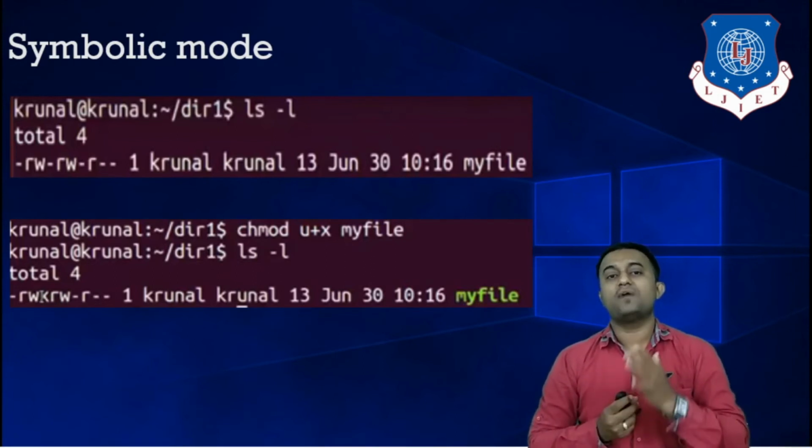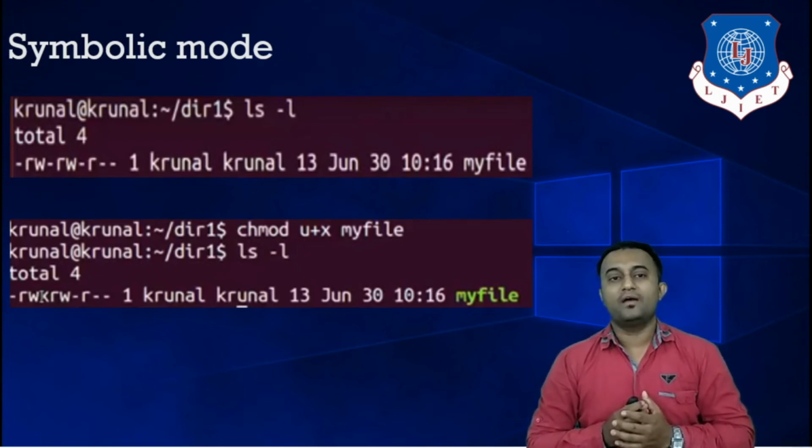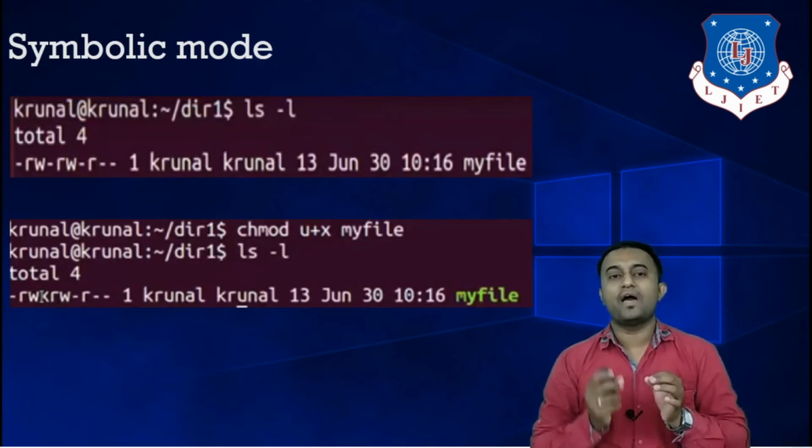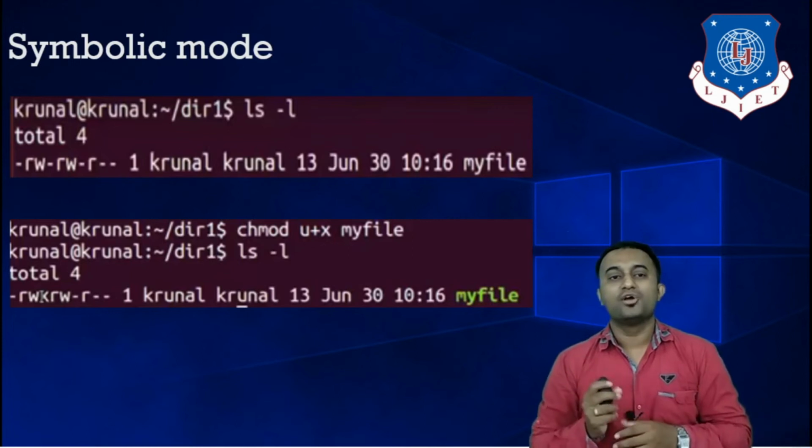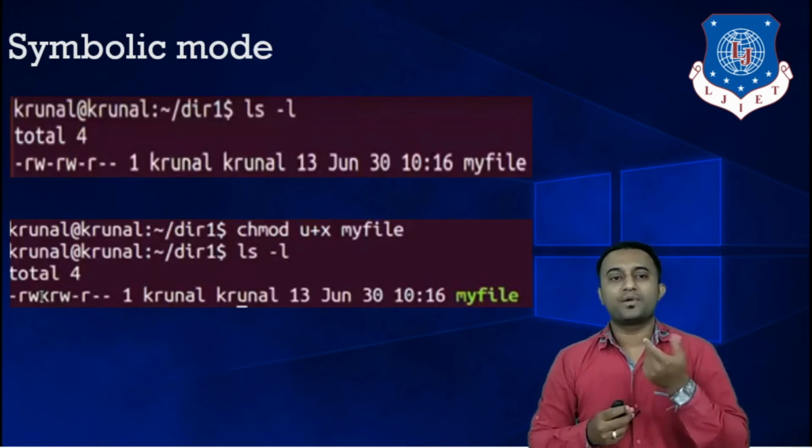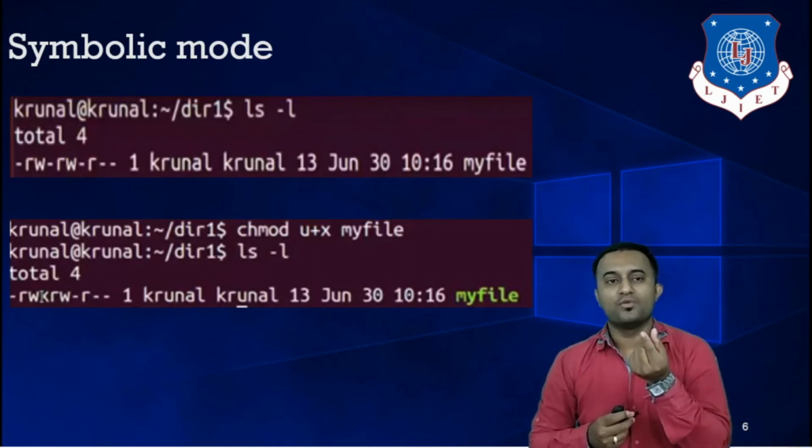Okay, once you fire this command, afterwards you need to fire ls -l once again, so you can see the permission of the same file. You can see the first group, user group, instead of rw-, now it is written rwx.